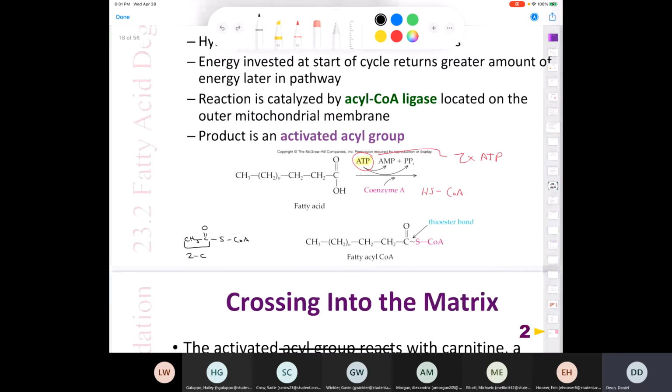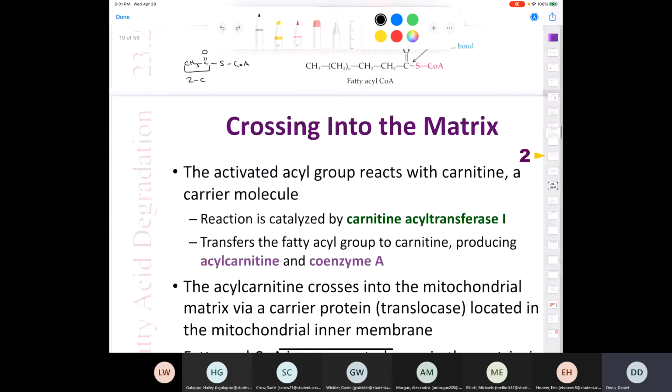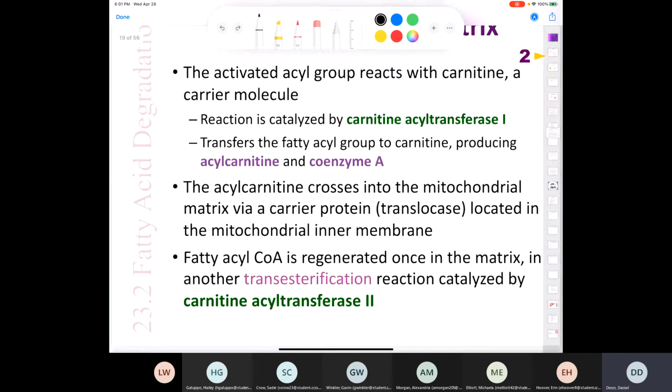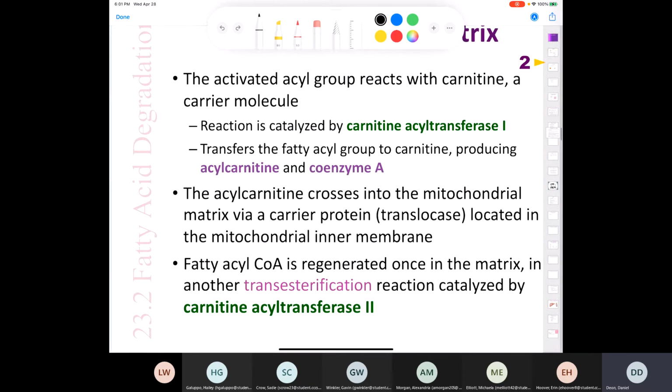Now, the whole concept of crossing into the matrix space, I've never asked a student a question about this on an exam, so we'll kind of take a look at it quickly. But the whole idea is that we have to use these carrier molecules in order to get the fatty acyl coenzyme A molecules into the matrix space. And you need a couple of enzymes to enable this to happen.